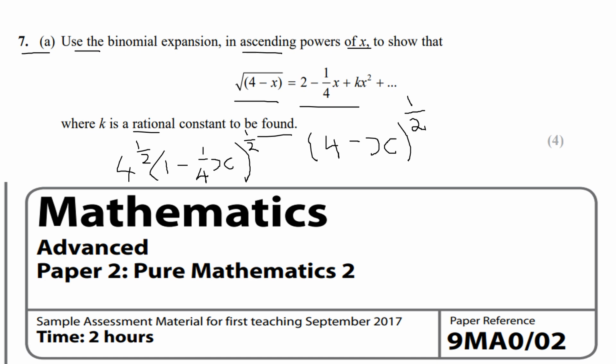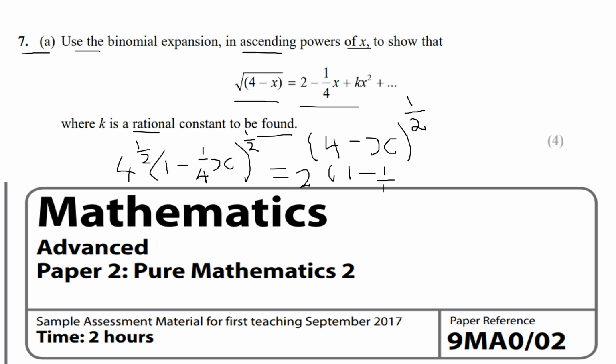Here I've got a 4, so I have to factor out the 4. 4 to the half means the square root of 4, so that would be 2. So it's 2 lots of 1 minus a quarter x to the power of a half.